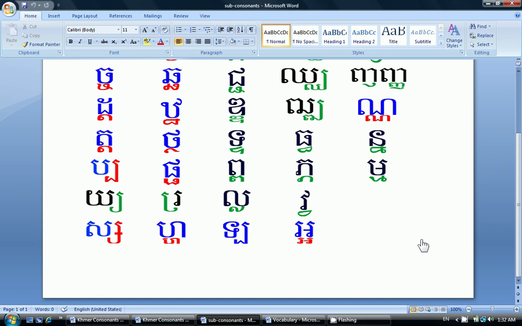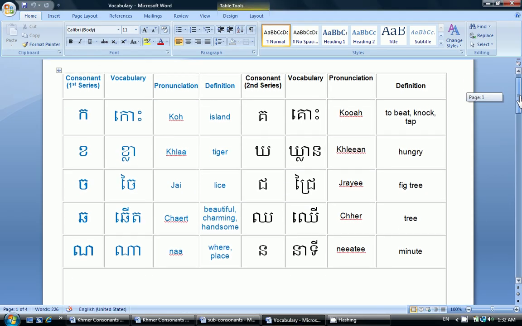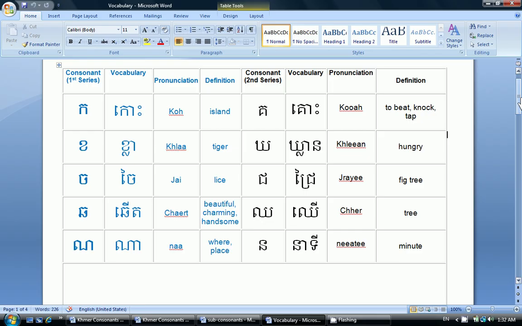Now let's look at some vocabulary to help us distinguish between the first series consonants and the second series consonants, as well as some of the subconsonants. At this level, again, I just want you to hear the sound. You don't need to know how to read this yet. We'll learn how to put the consonant and vowel together in more detail in a future lesson.